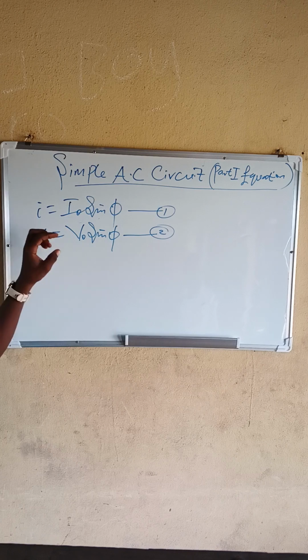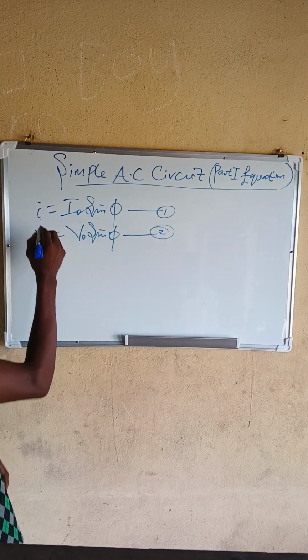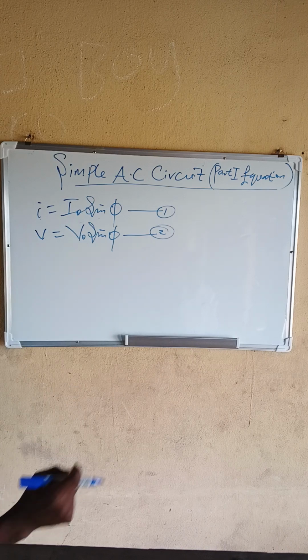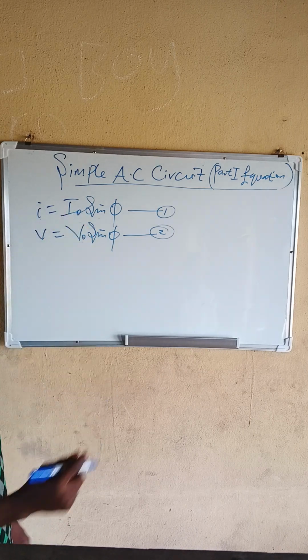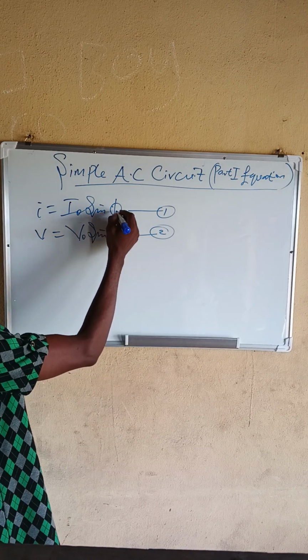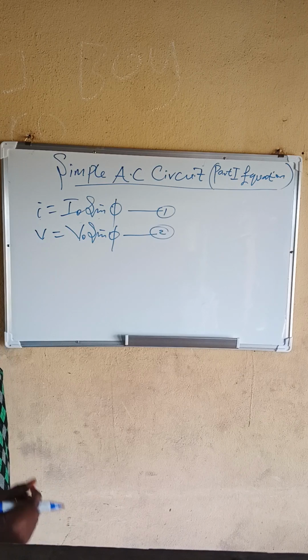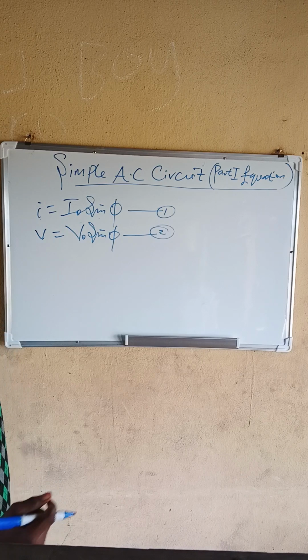In this alternating current, I means instantaneous current, and I naught means peak or maximum current. And this one means phase angle, and this phase angle is measured in radian or degree.